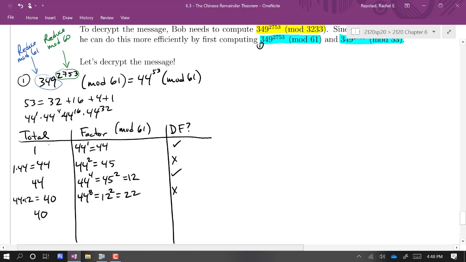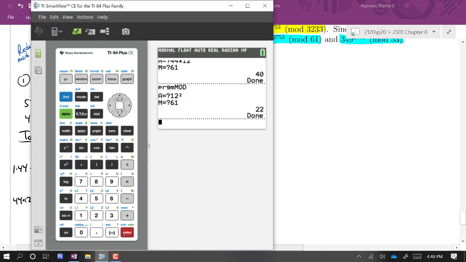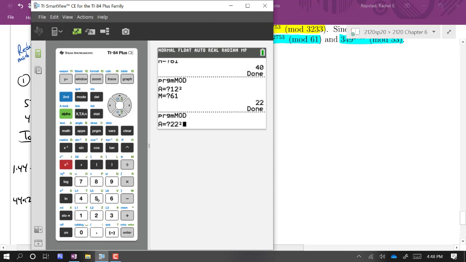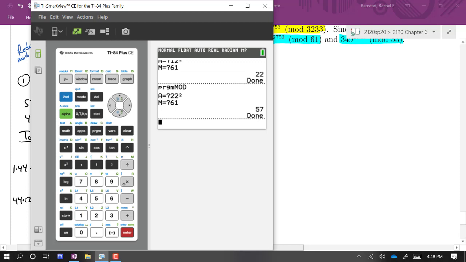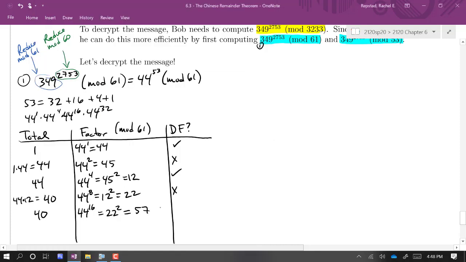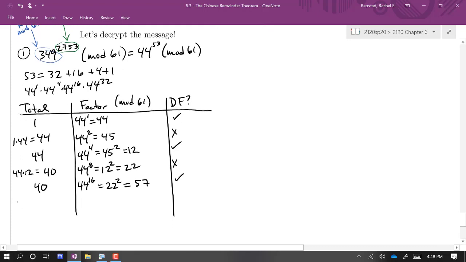Our next factor is 44 to the 16th, which is 22 squared. Squared mod 61 is 57. This is a desired factor. We're going to change the total.